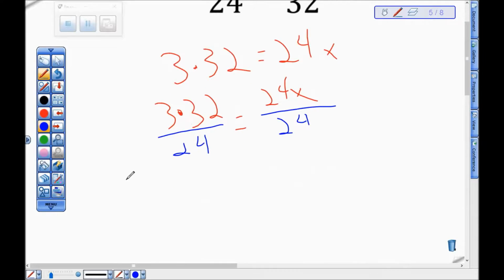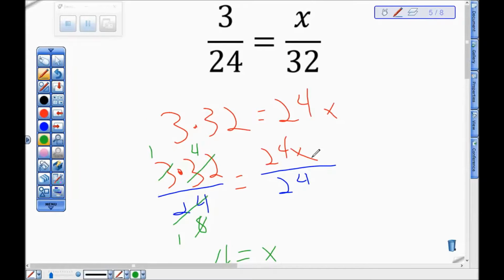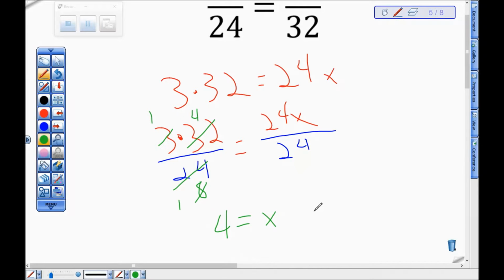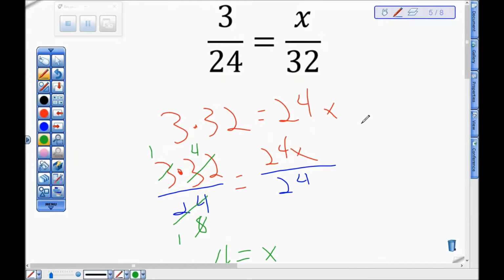This time I'm going to have to actually write down 24 and 3 would be 8. 32 and 8 would be 4. So this is going to be 4 equals x. Right? Because 3 24ths is the same as 4 32nds. They're both 1/8. Neat.